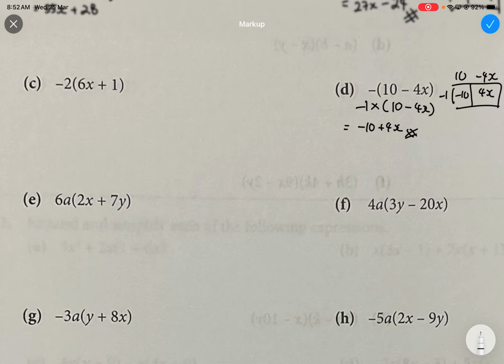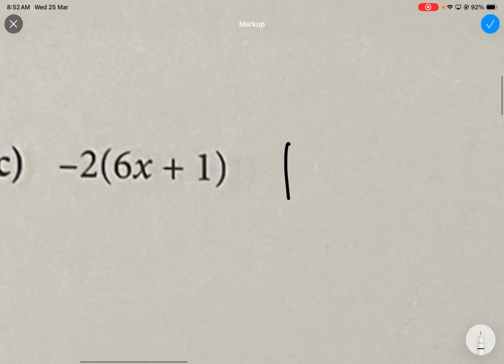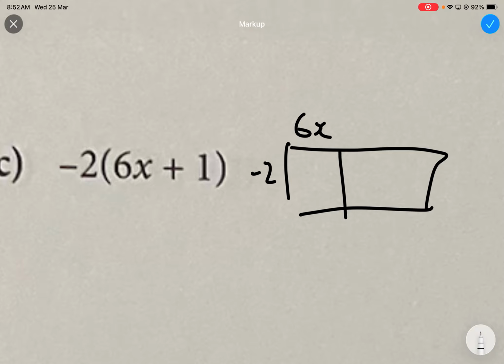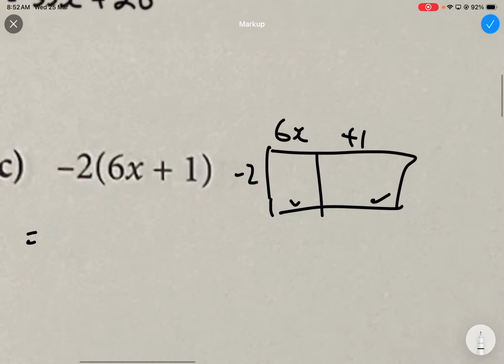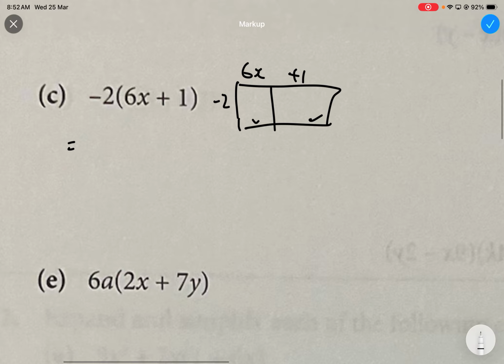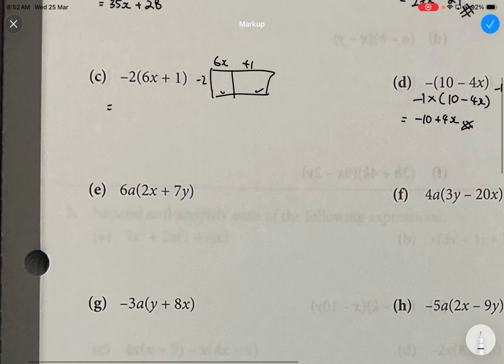9 times negative 7y is how much? 9 times negative 7 is negative 63. Then because I am minusing a negative 63, so it becomes positive 63. Okay? Note this change over here.